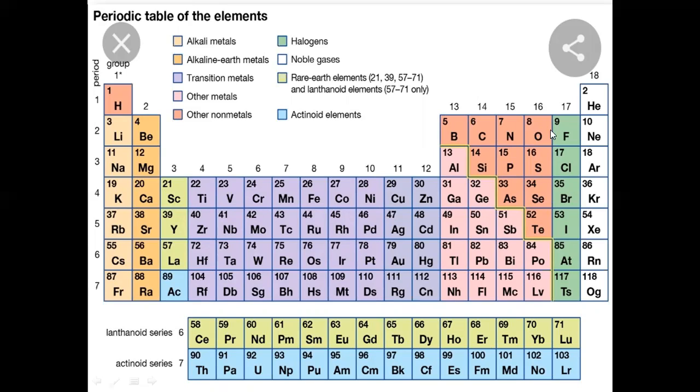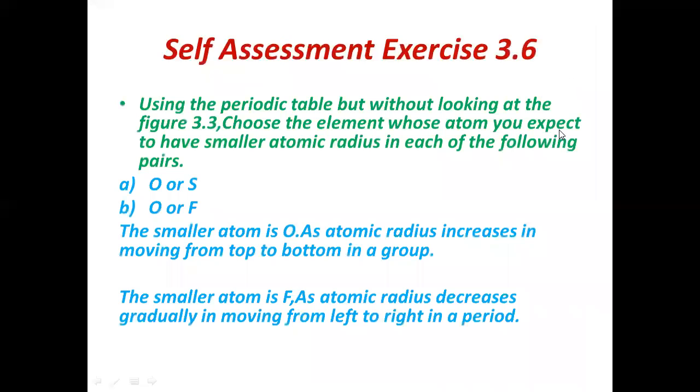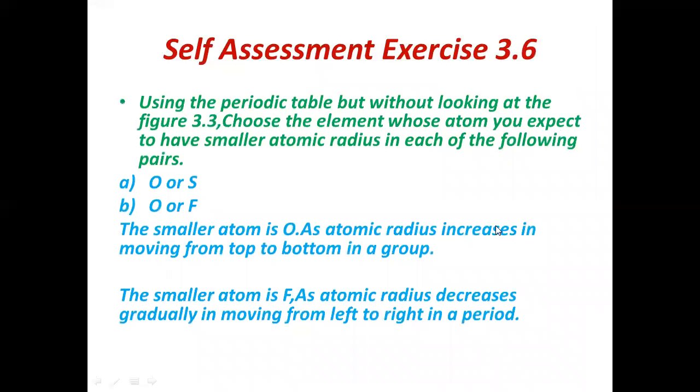Oxygen is present in group number 6 and fluorine is present in group number 7, or 16 and 17. If you remember, I told you that when we move from left to right along the period, atomic radius decreases. It means fluorine has smaller atomic radius than oxygen. Although both are in the same period, due to the greater number of protons and greater nuclear charge, fluorine is smaller.